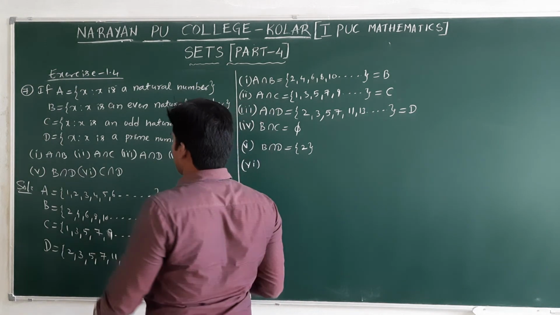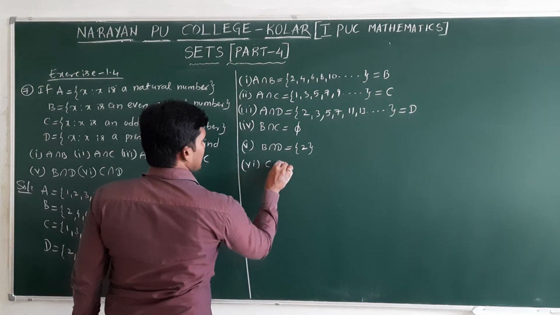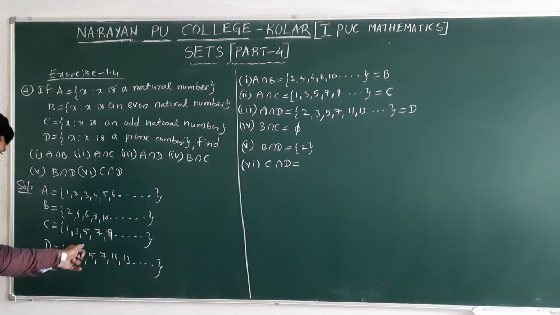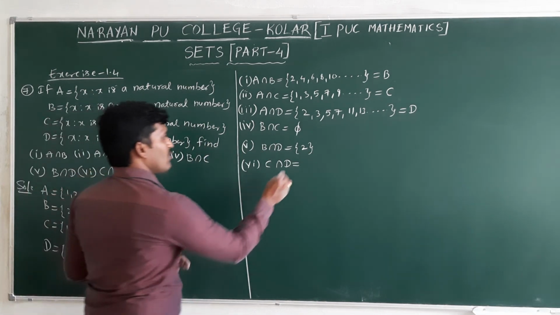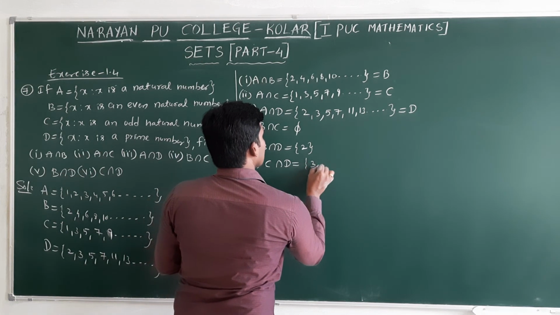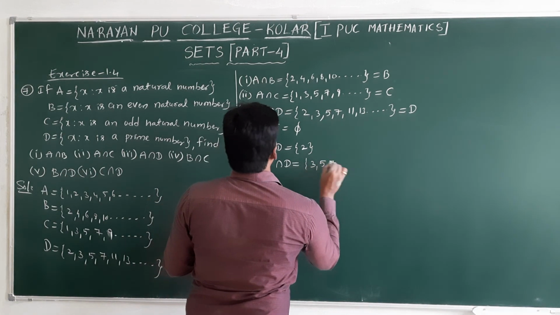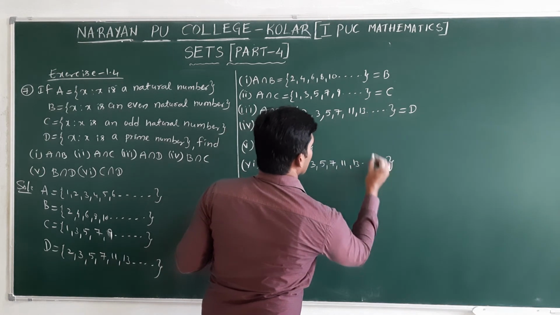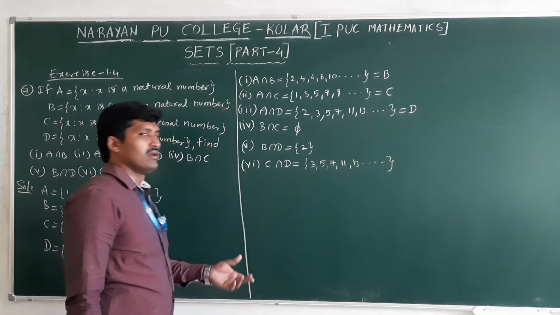Sixth one, what is the sixth one? C intersection D. C is the odd numbers, D is the prime numbers. What will you get? 3, 5, 7, 11, 13 and so on. These are the possible values.